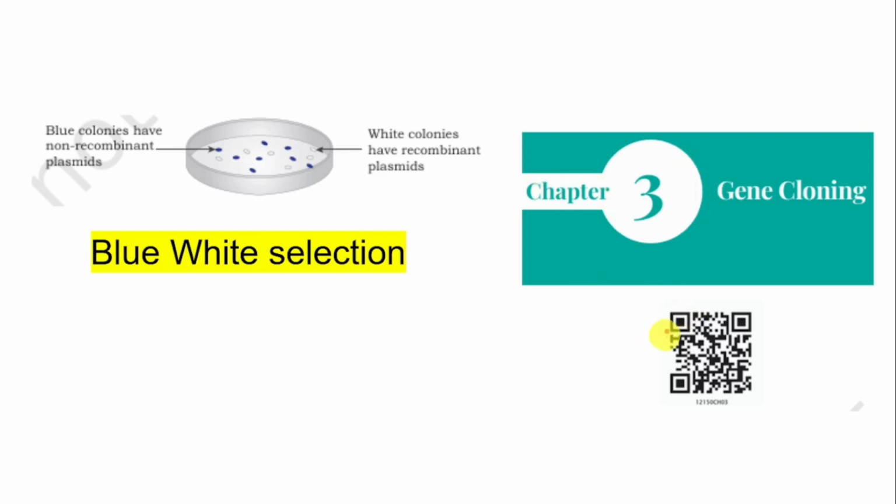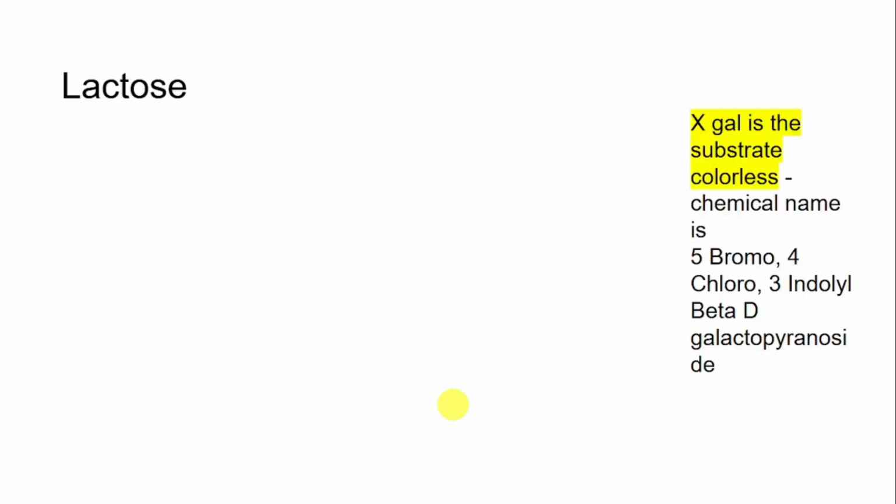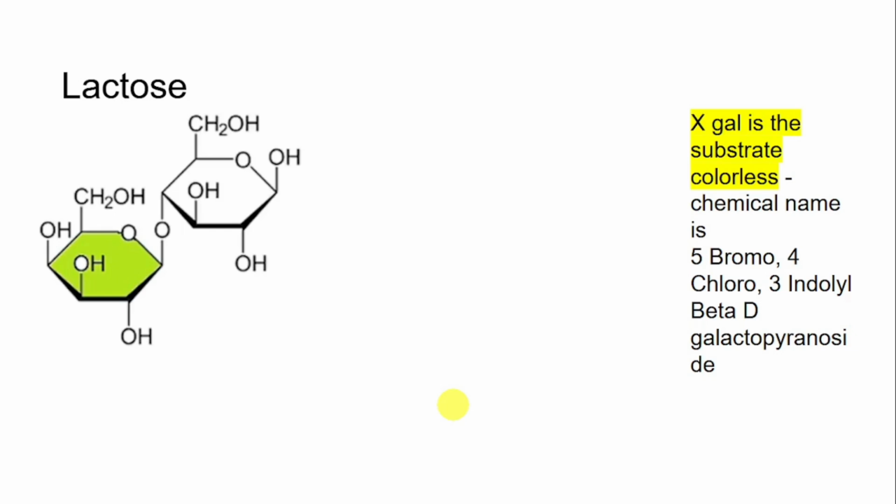The biotechnology textbook talks about this in detail: the blue-white selection strategy by insertional inactivation of beta galactosidase enzyme due to an alien piece of DNA inserted in the reading frame. Essentially, this is the structure of lactose.